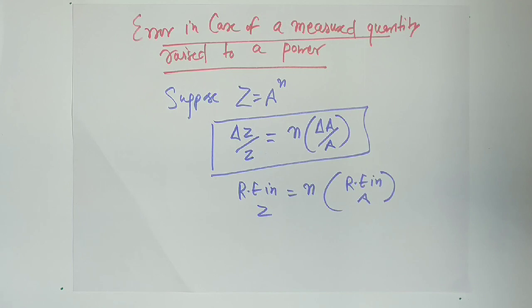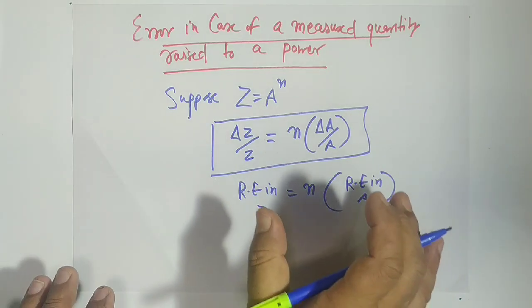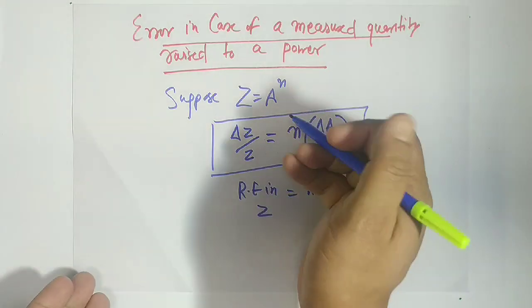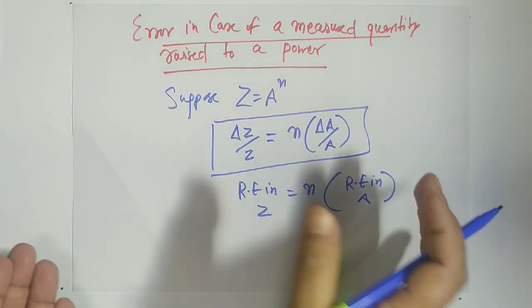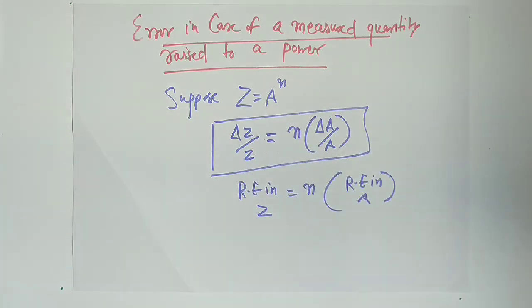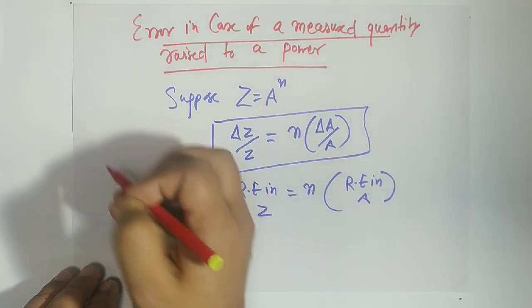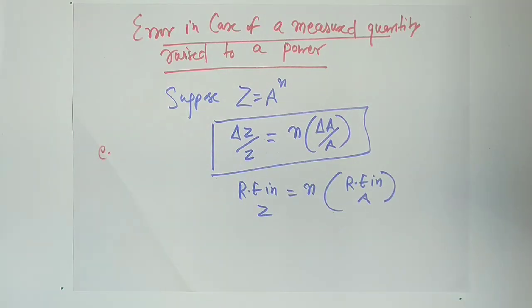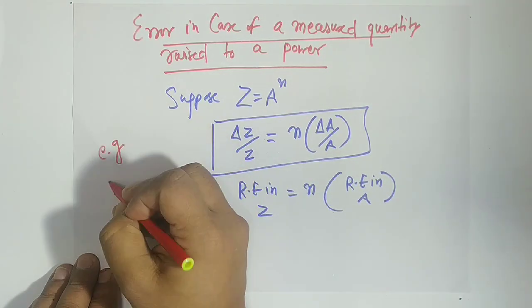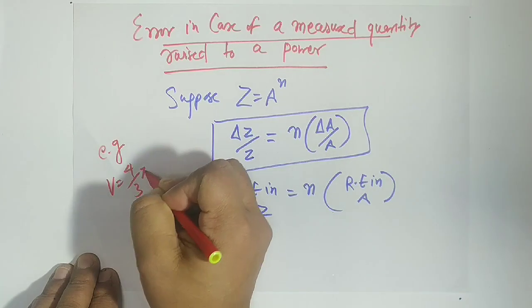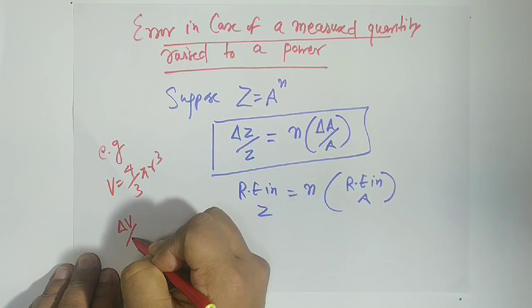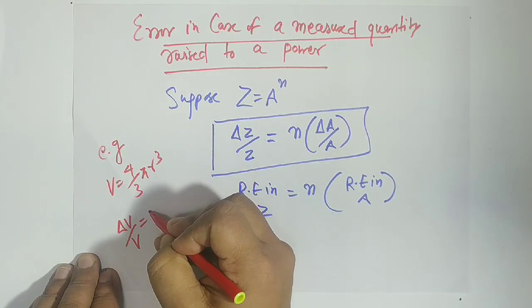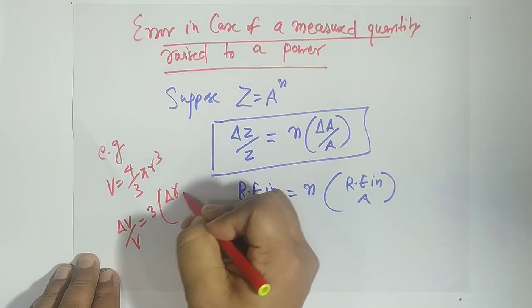So this is the rule. Remember, whenever the quantities come in the exponent, the error is n times, so it can be written in this form. Even you can find out how it comes, but this is the rule. That was the reason that in volume, 4 by 3 pi r cube, 4 by 3 pi is a constant, but delta v by v, the relative error, was 3 times delta r by r.